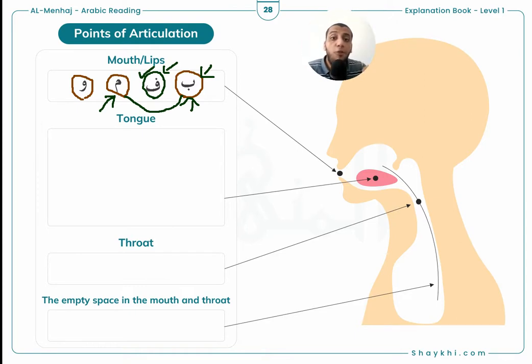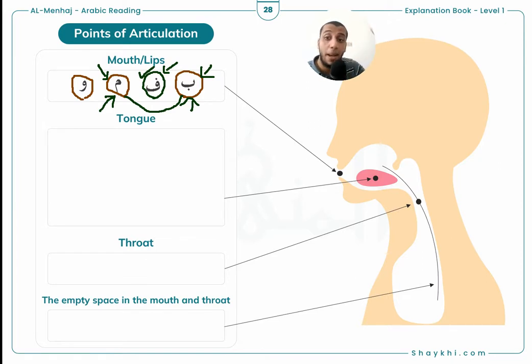If we pronounce both of them by closing or pressing the two lips together, what is the difference between them? When we pronounce the letter mim, we pronounce it by closing and pressing the two lips together, and also from the nose. If we close the nose, we can't pronounce the letter mim.